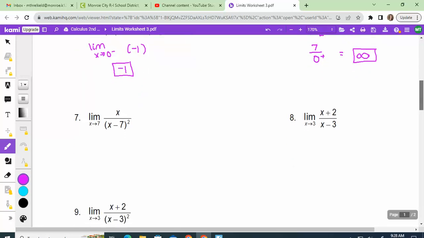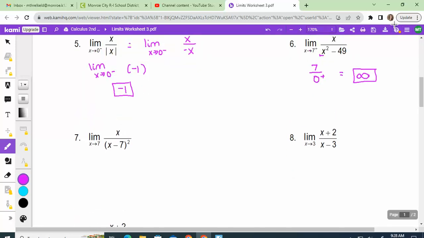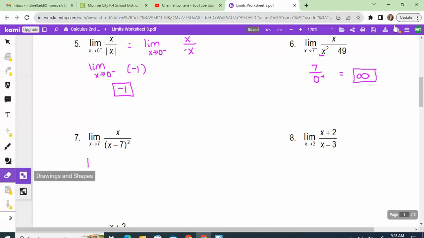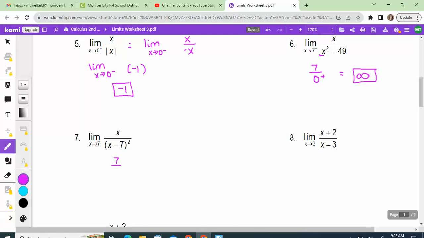So number 7, we're approaching 7 overall. So that means I could be putting in something bigger than 7 or something smaller than 7. However, top is going to 7, so we know there's a vertical asymptote at 7. We're just trying to figure out if it's going to positive or negative infinity. You put in something close to 7, you subtract 7 and you square it.